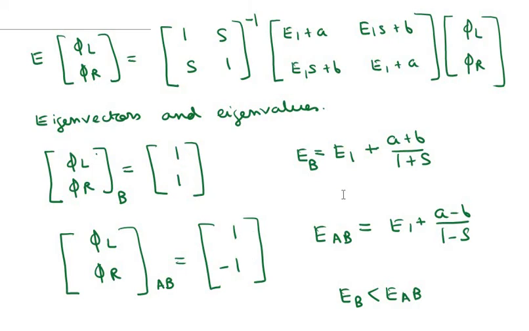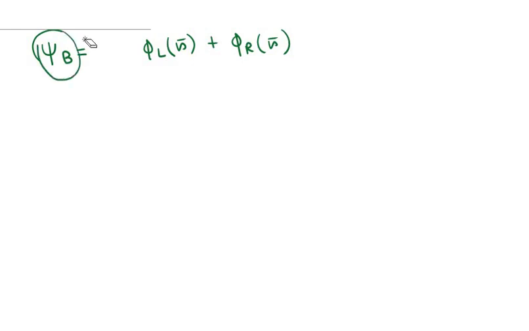So the wave function corresponding to the bonding orbital is basically phi L r plus phi R r, and then it should be normalized, because if we multiply it by its complex conjugate and integrate over all space, the integral should be 1.